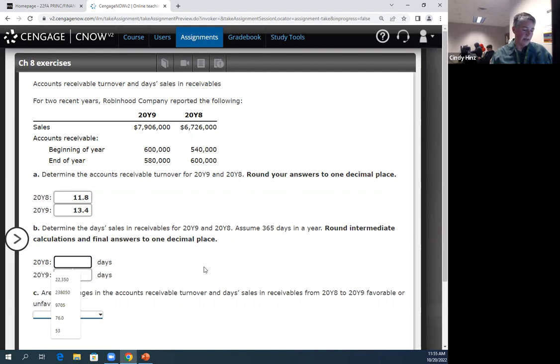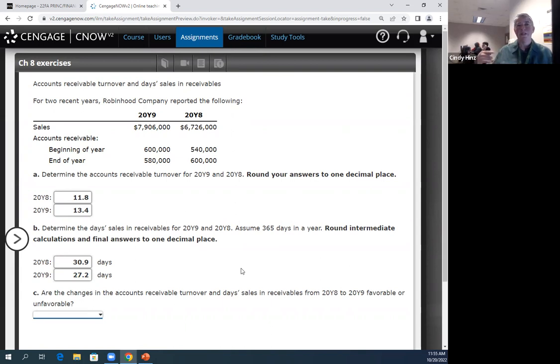So 365 divided by 11.8, rounded to 1 decimal place, is 30.9 days in 2018, and then 365 divided by 13.4 is 27.2 days in 2019.